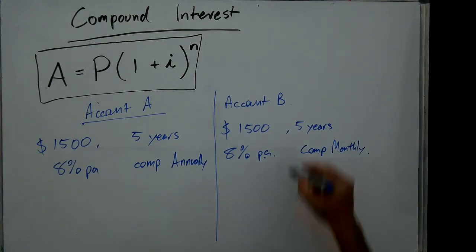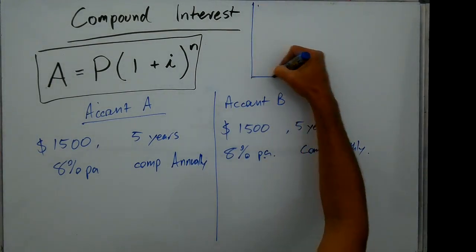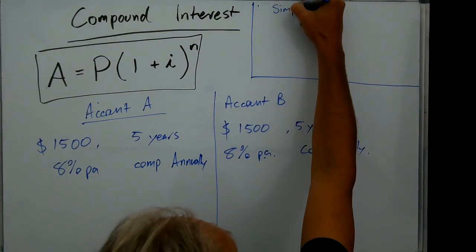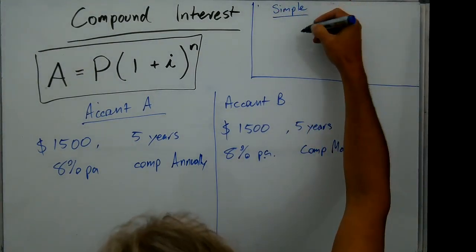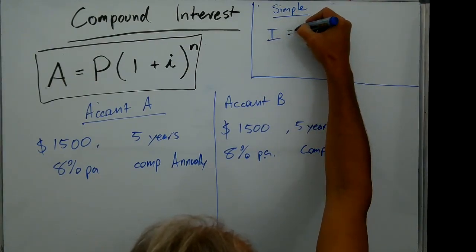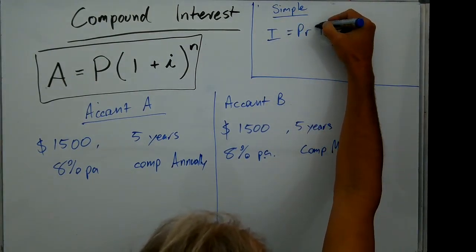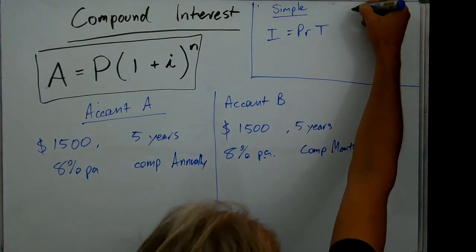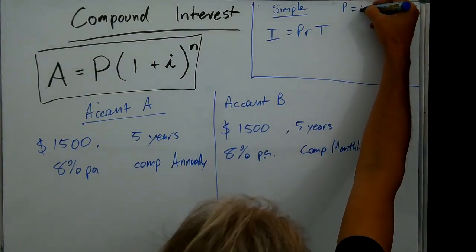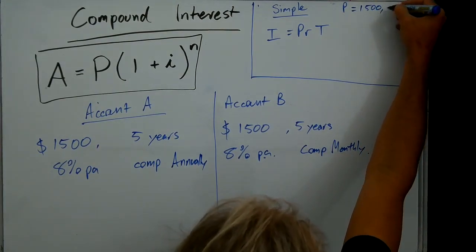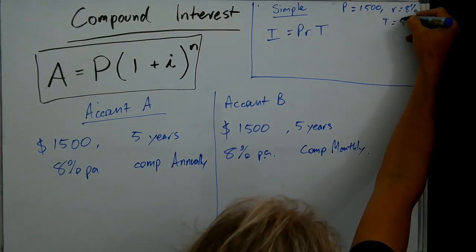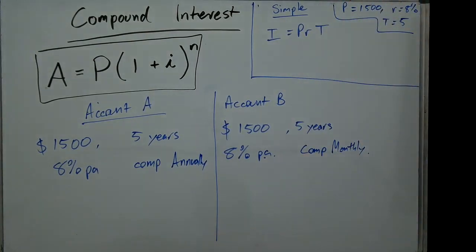It might even, just as a bonus question, be worth working out the simple interest. So our interest. So this would be with no compounding. So let's go. T equals 5 years. We'll do that last, just to see what happens.